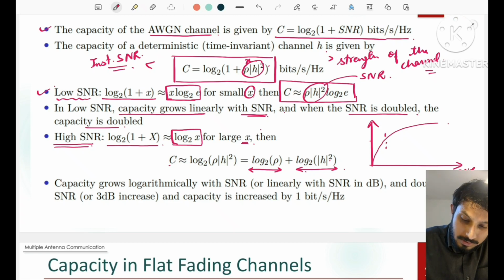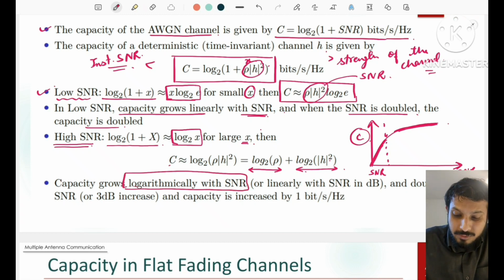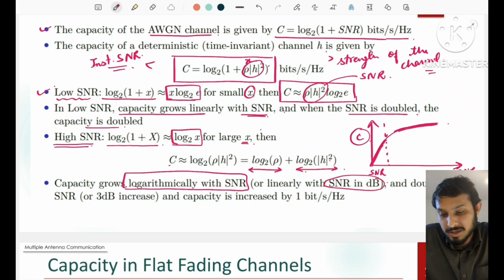For low SNRs, we have seen that the capacity C is linearly increasing with the SNR. And for the high SNR scenario, there is a very small increase in the capacity, or we can say the capacity is increasing logarithmically with SNR, or linear when SNR is defined in dB.